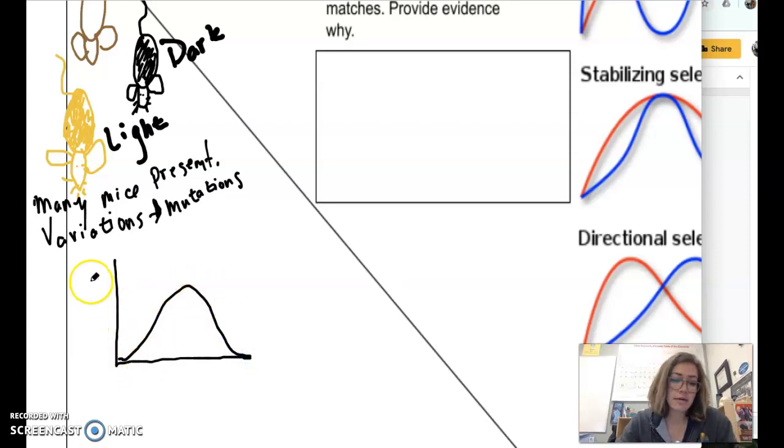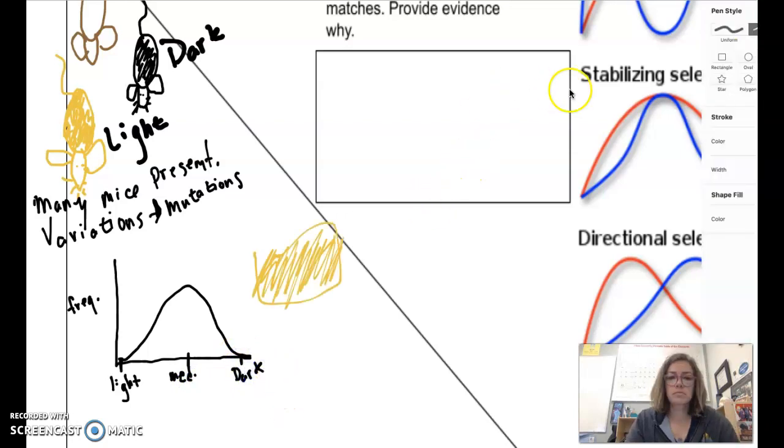And so we have our frequency of the population present. We had a few of these little light mice, we had quite a few medium colored mice, and then we had a few of these dark mice.